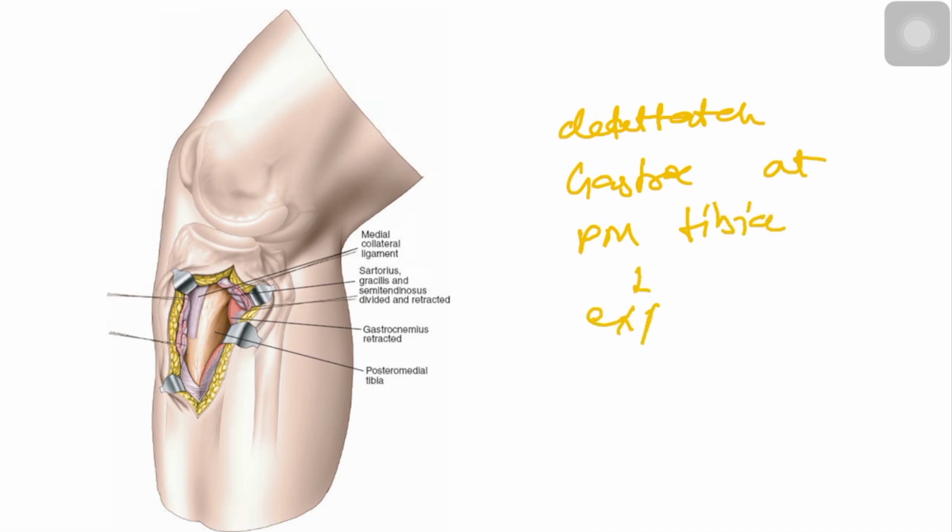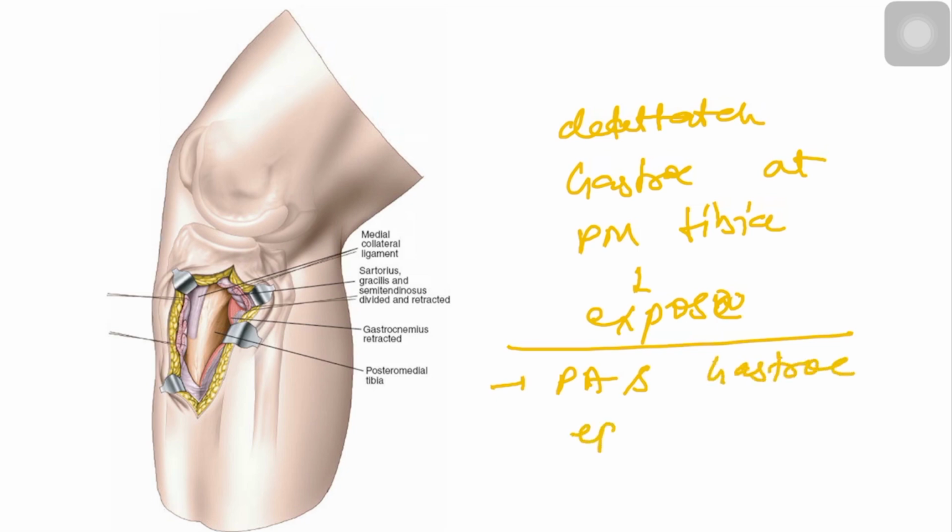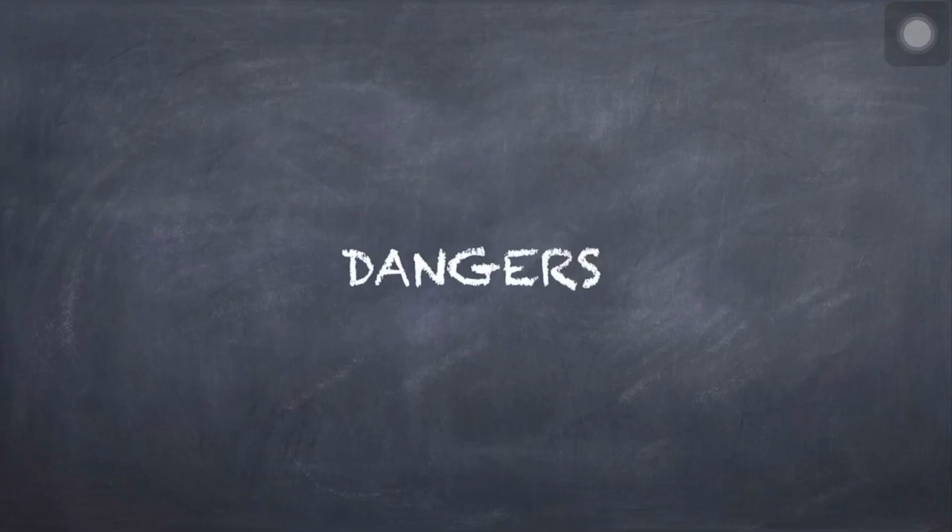This is our approach, and we work in the plane between the pes anserinus and gastrocnemius, in the subperiosteal and submuscular region. So this is our approach, guys.